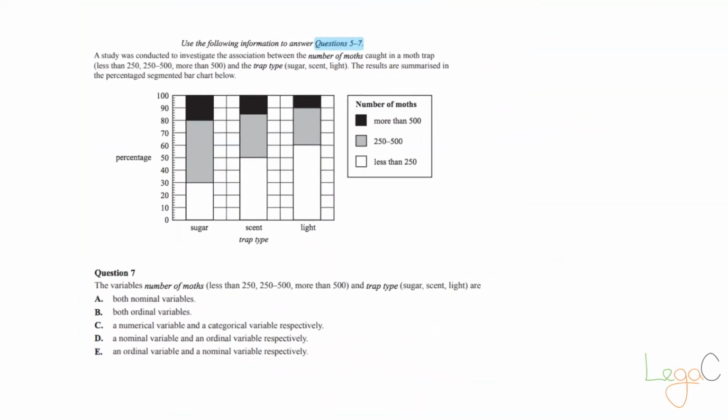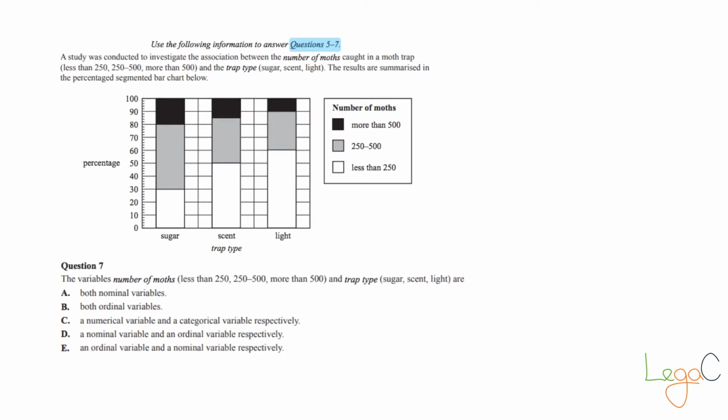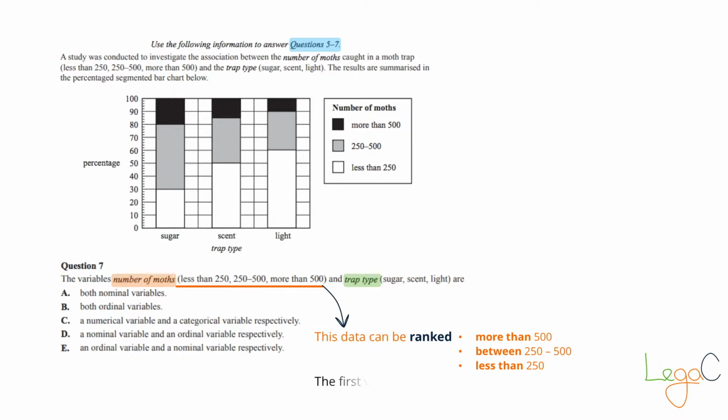In question 7, we are asked to determine the type of variables number of moths and trap type are. Number of moths is a variable where the data can be ranked: less than 250, between 250 and 500, and more than 500. So the first variable is a categorical ordinal variable.